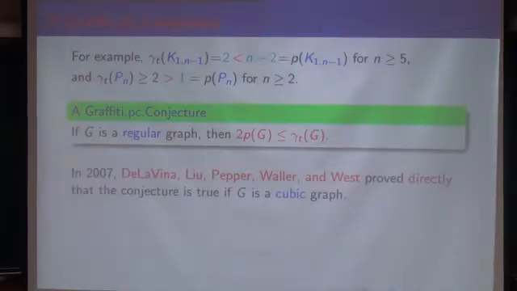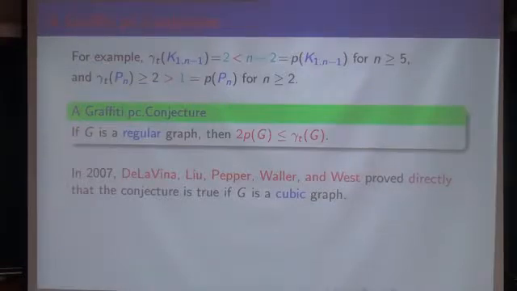And 5 years ago, De Silva, Heath, Pepper, Waller, and my advisor West proved directly that this conjecture is true when a graph is cubic. Cubic means 3-regular. Directly means that given the total dimension, they created a path cover satisfying this inequality.